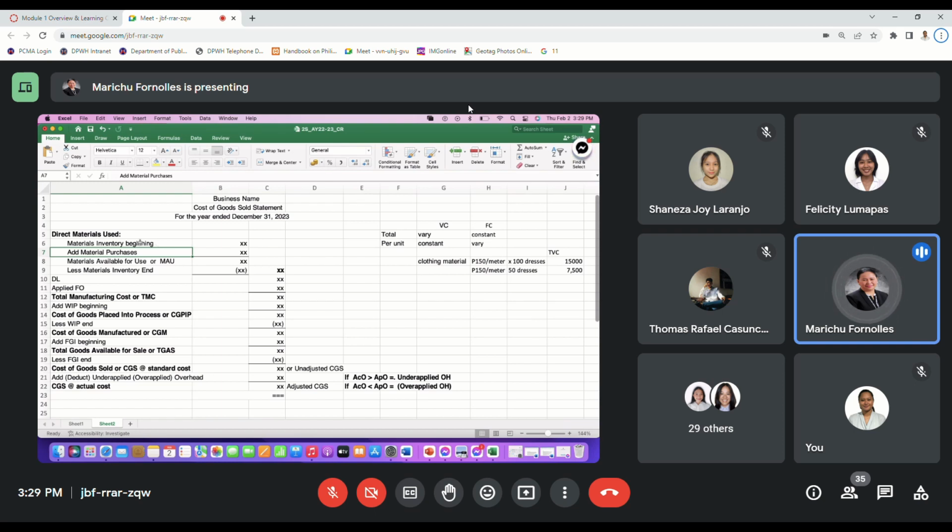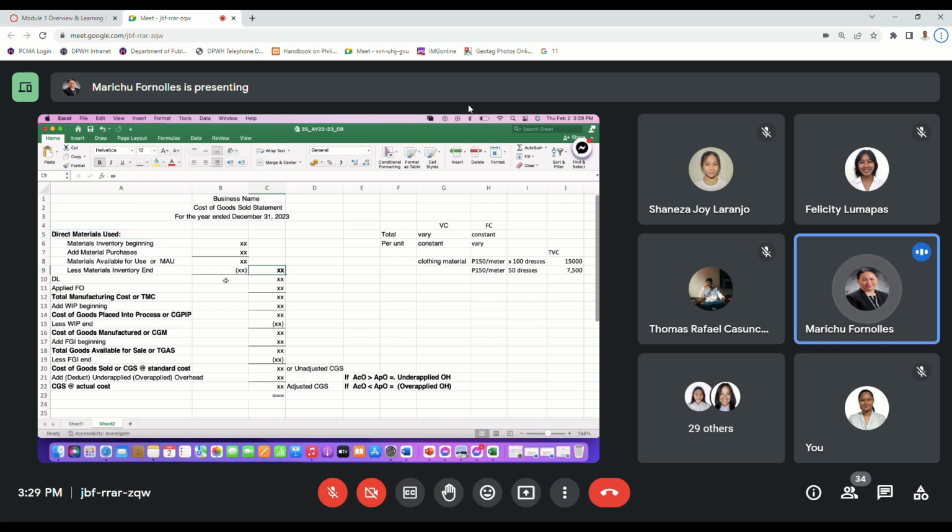So adding the materials inventory beginning and the material purchases gives you your MAU, materials available for use. This is a combination of both direct and indirect materials. Deduct the materials inventory ending and the balance is your direct materials used.